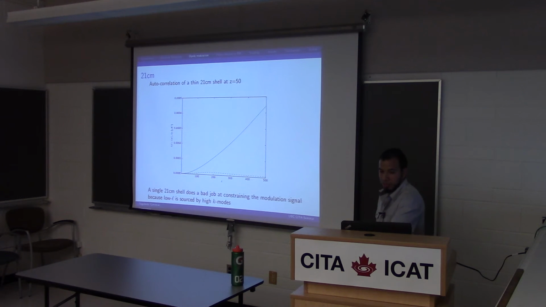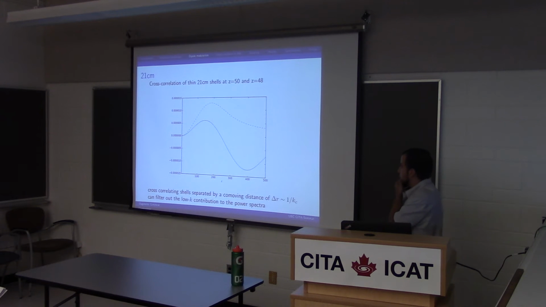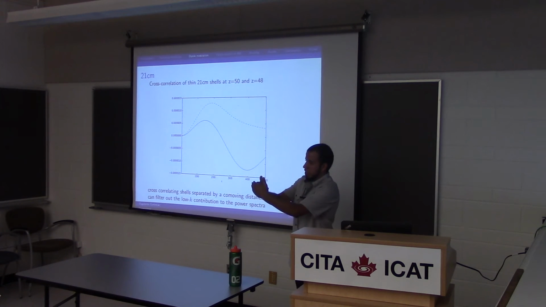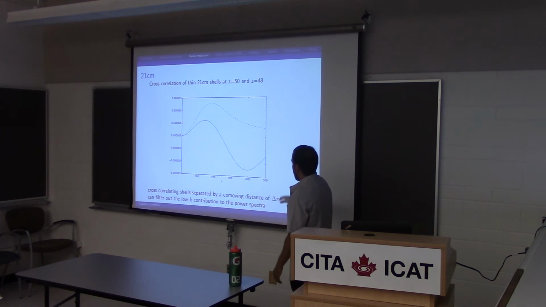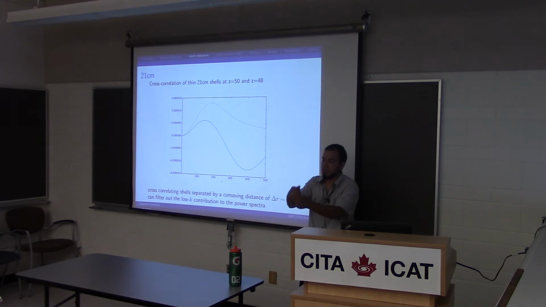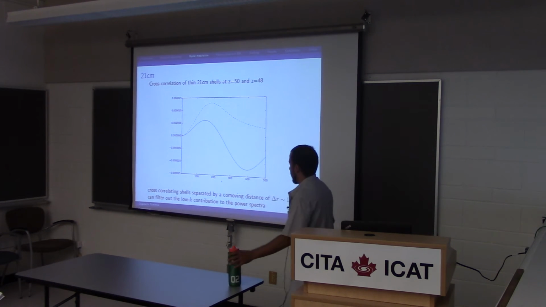But the good part about 21 centimeters is that you have all these shells, so you can perform these cross correlations. If you want to look at the low L's, the contribution from low K, you can cross correlate between neighboring shells. Again, green is the regular cross correlation between two 21 centimeter shells, and green dashed is the anisotropic part.